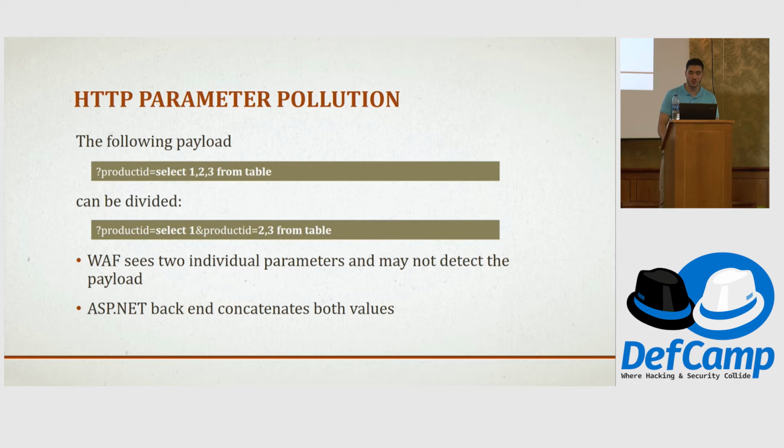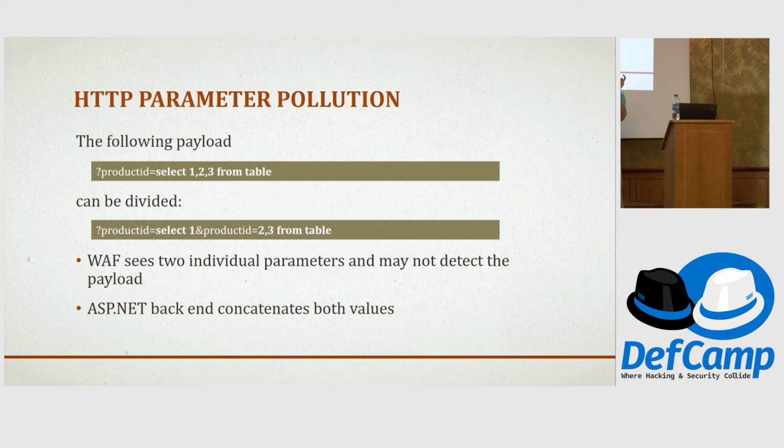If we assume that we have the following payload, productID equals select 1,2,3 from table, then probably every WAF will block our request. But if we have, for instance, an ASP.NET application, we can try to divide our payload and send productID equals select 1 and productID equals 2,3 from table. So what the WAF sees is 2 individual parameters.